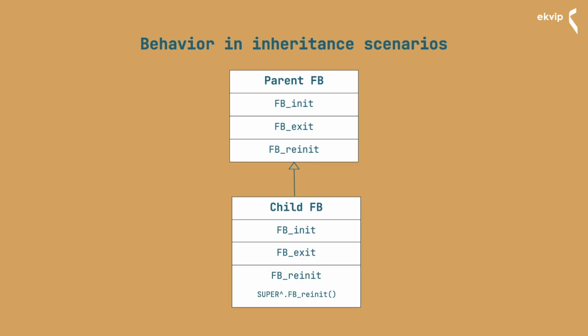FB_exit: the reverse happens here. The derived class's FB_exit is called first, followed by the base class's FB_exit. This ensures that the child's cleanup happens before the parent's. FB_reinit: if you want to reinitialize the base class's implementation, you need to call super^.FB_reinit explicitly in the derived class.